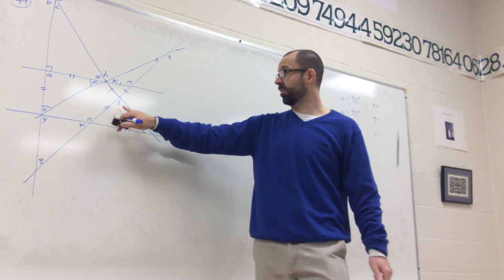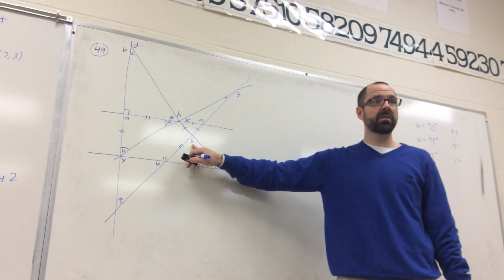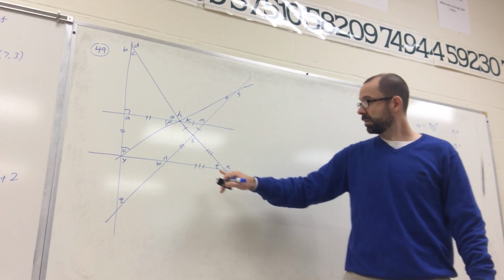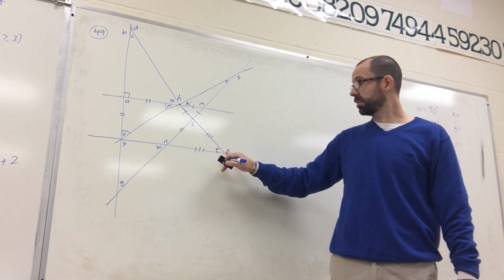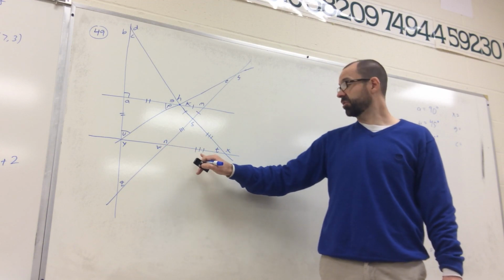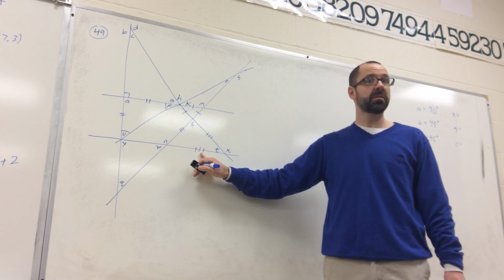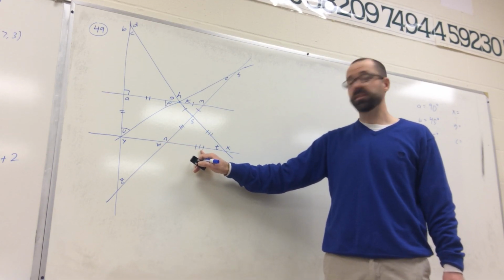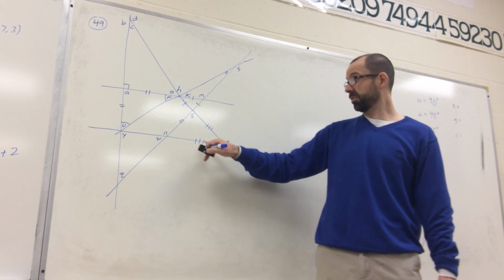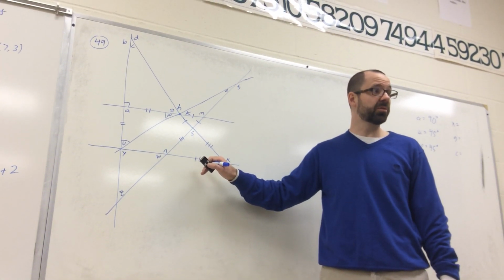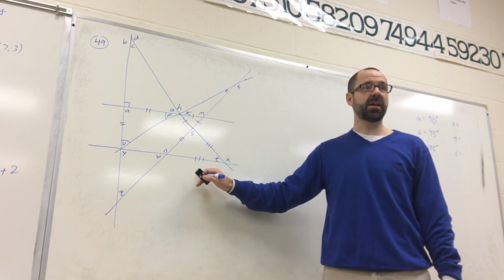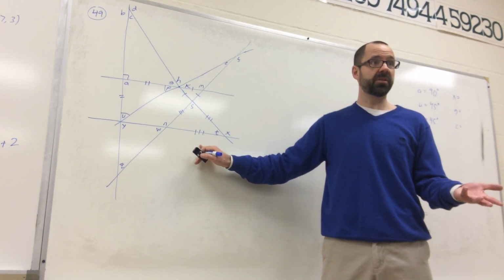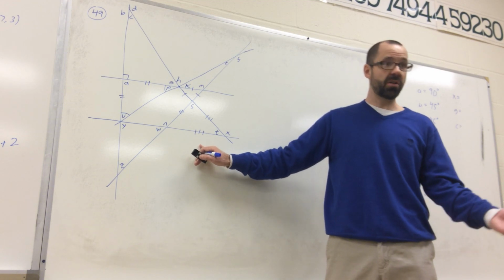All right, now I'm going to go for S next. This triangle here, what kind of a triangle is that? Yes, Maddie? Equilateral, because see how all three sides are marked as equal? So when you have an equilateral triangle, that means all three angles are equal. So all three angles are 60.